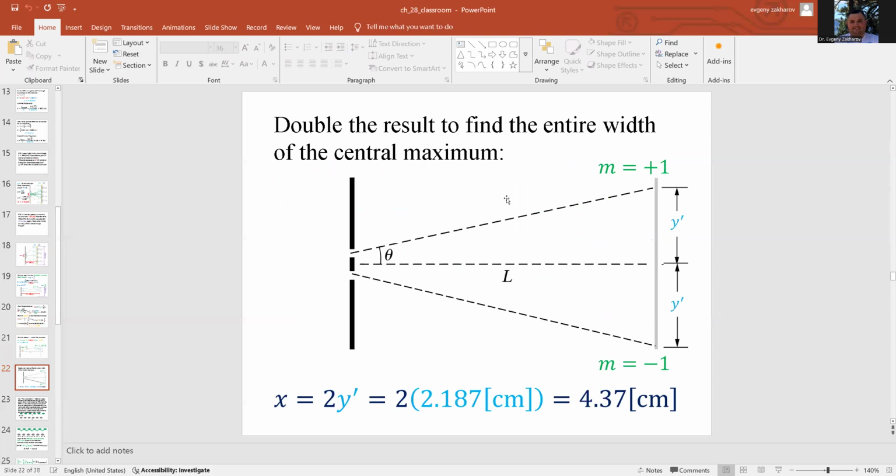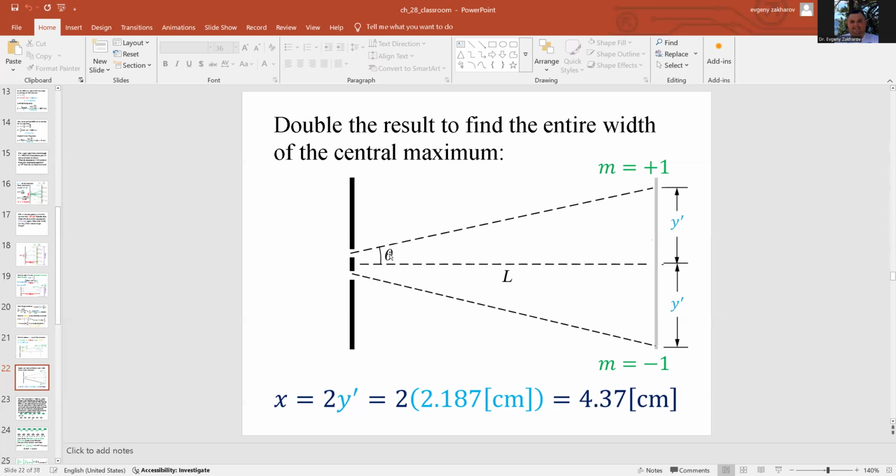If you want the entire width of the central maximum, then it's going to be the same value times 2, because with respect to the central axis, you have the same distance away. It's theta, say upward, and theta downward.